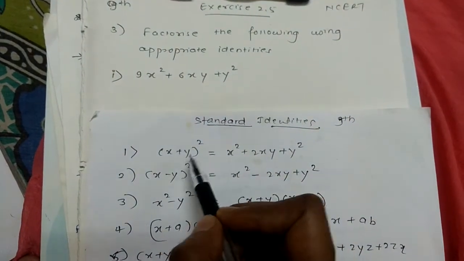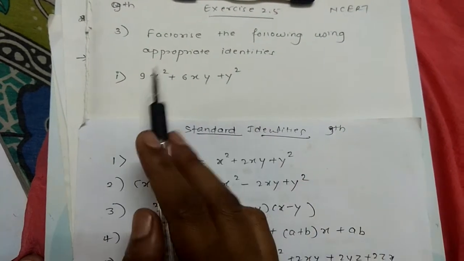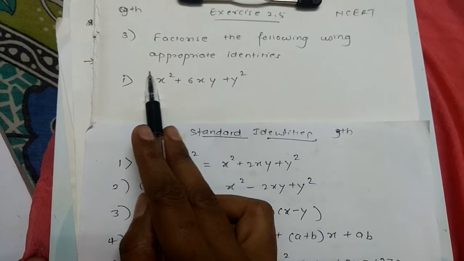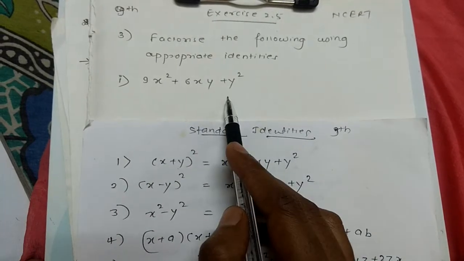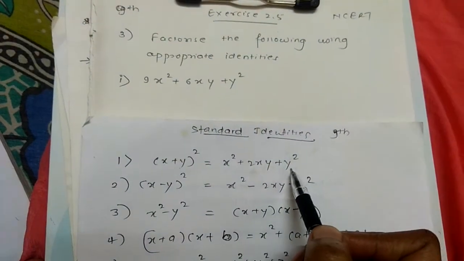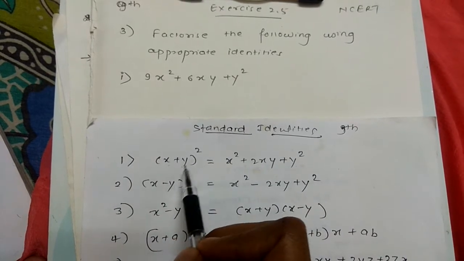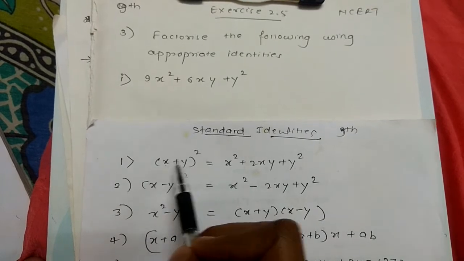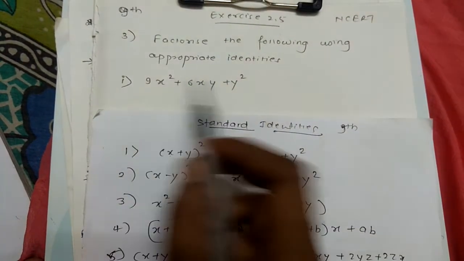If you compare this, x square is the first term square and y square is the second term square. So try to write this in square form. Already x is in square form. Can you write 9 in square form? Yes, because it is a square number. Next y square, that is the last term, is also in square form. Remember, take the notation x and y, where x indicates the first term and y indicates the second term. You will not always get x and y, you can get any other terms.